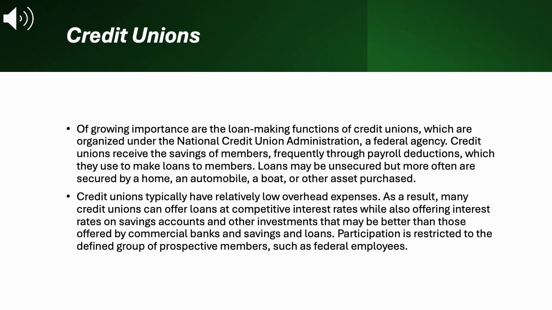Credit unions typically have relatively low overhead expenses. As a result, many credit unions can offer loans at competitive interest rates while also offering interest rates on savings accounts and other investments that may be better than those offered by commercial banks and savings and loans. Participation is restricted to the defined group of prospective members, such as federal employees.